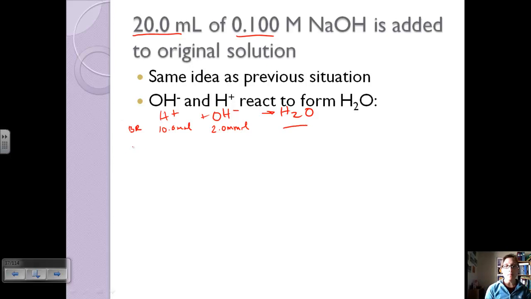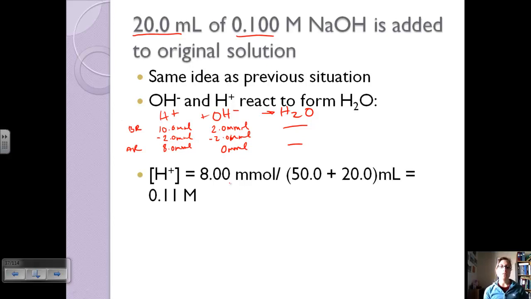We're not counting water. So now all that OH is going to react, so we're going to subtract the 2 millimoles this time. And so our after reaction is 8 millimoles of H+, no moles of the OH-, and we're not including water. So now we're going to use that to figure out the concentration of the H+ that's left.